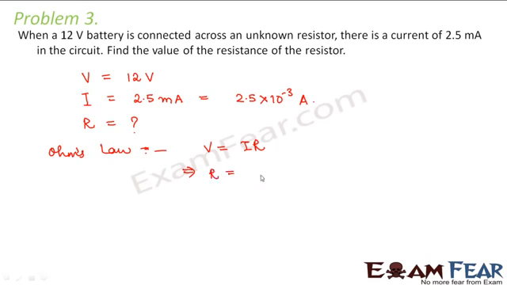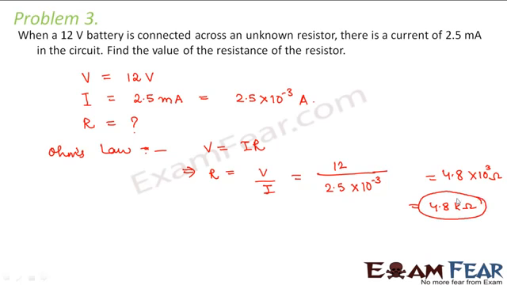So from this we can say R is equal to V by I. That is equal to 12 divided by 2.5 into 10 to the power minus 3. So this comes out to be 4.8 into 10 to the power 3 ohms. That is equal to 4.8 kilo ohms. So this would be the value of the resistance of the resistor.